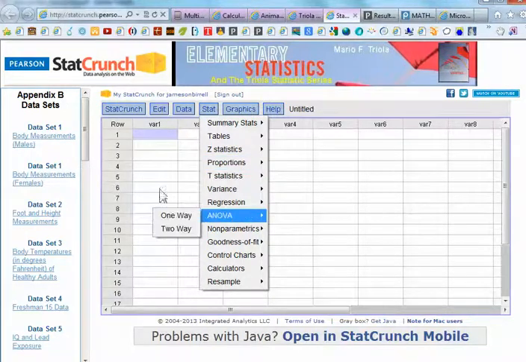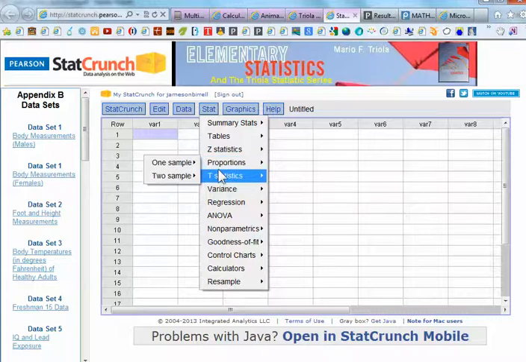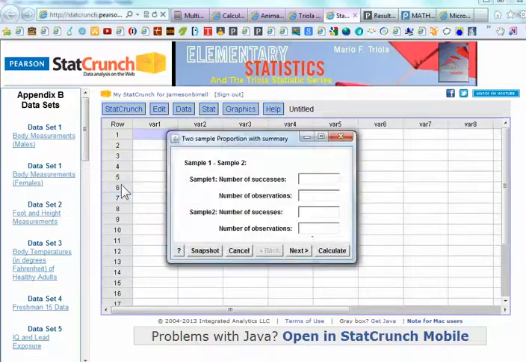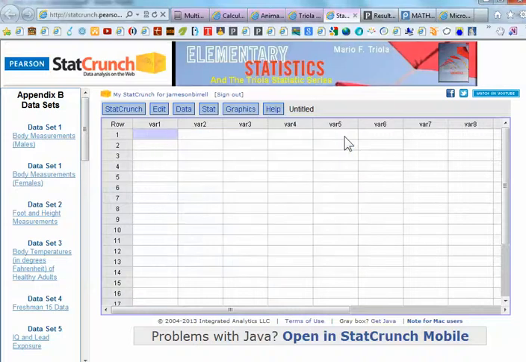It will ask you all the appropriate things, but you need to remember yourself that the requirements are met: that they're from independent samples that were sampled with simple random sampling, and that the number of successes is greater than 5 and the number of failures is greater than 5. But once those requirements are met, that's a really quick way to run the whole test.